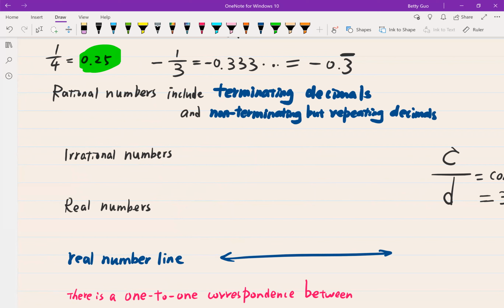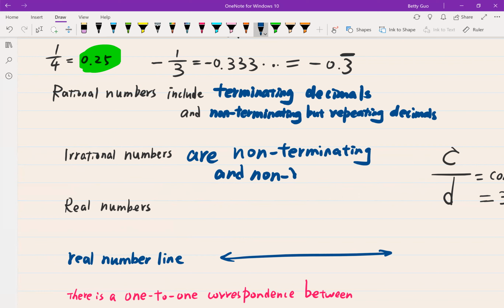We call that kind of decimal irrational numbers. So irrational numbers are defined as non-terminating and non-repeating decimals.